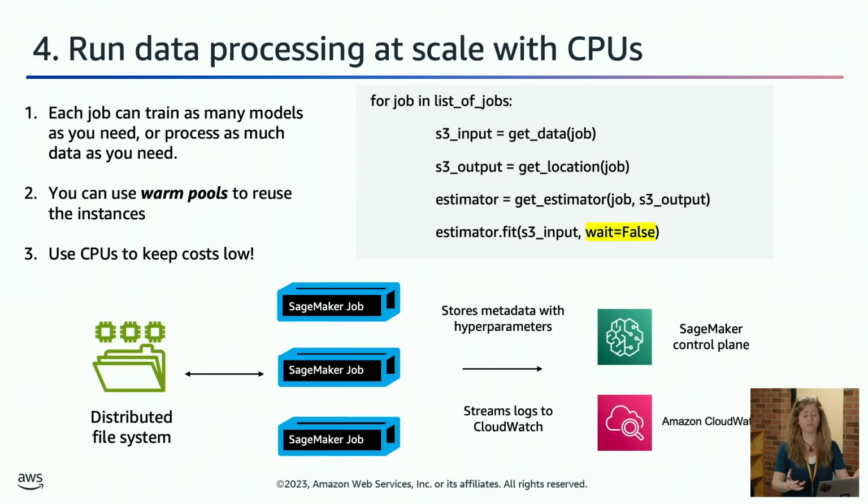So if you have, say, 18 Parquet files, like I did when I was fine-tuning a Stable Diffusion with 50 million image-text pairs, as one does, then I ended up using 18 different jobs. So I had 18 SageMaker jobs where each one of them used a different Parquet file.